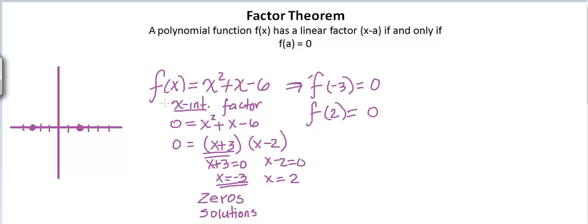So I just wanted you to see the different names that these values have, and they all mean basically the same thing. So from our factors, I find my x-intercepts, which are also my zeros, which are also my solutions to the function, okay? And very important that these are factors, because if I multiply these two together, I will get back the original function.